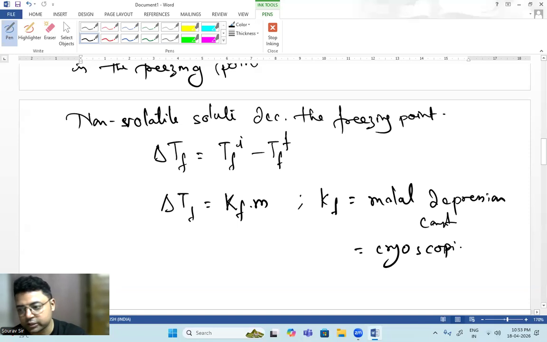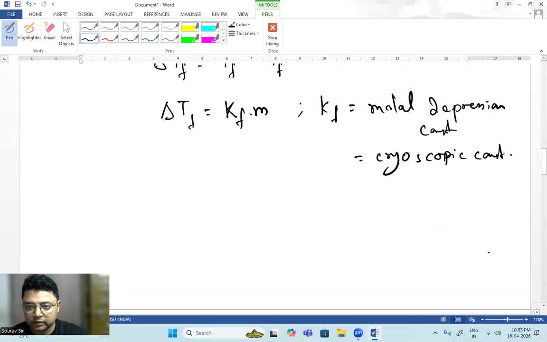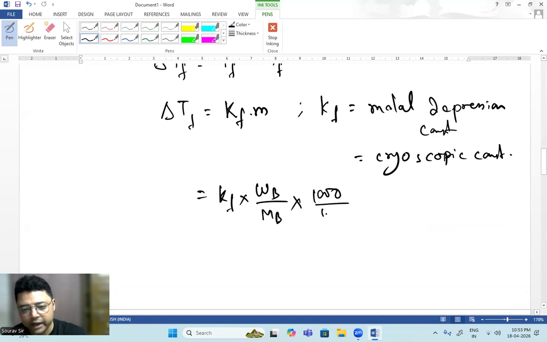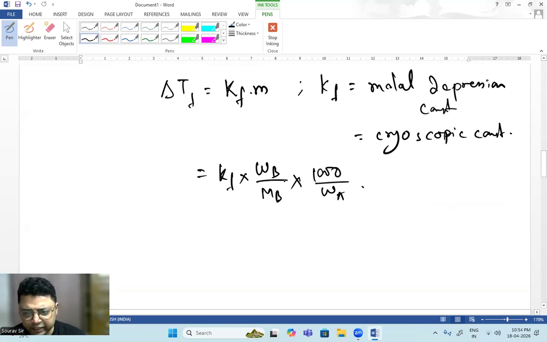Similarly, we will write Kf into Wb by Mb times 1000 by Wa. You will write that and you will get the value.